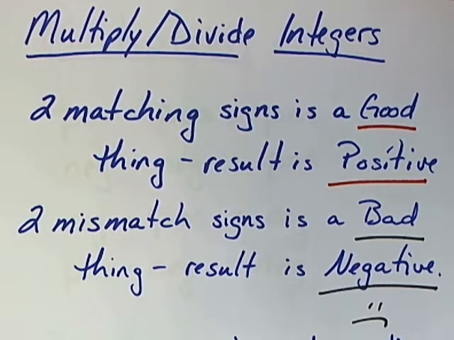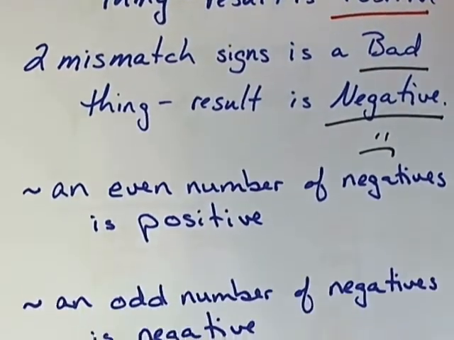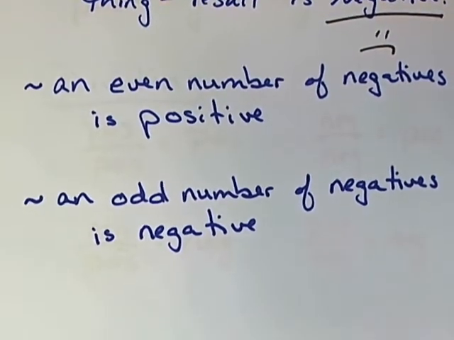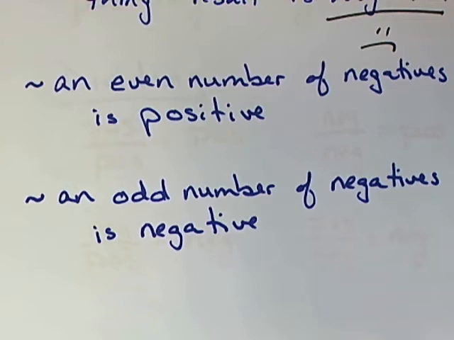So for every two negative numbers, your result ends up being positive, which means that if you have a bunch of numbers together, say you're multiplying 3 or 4 or 5 or 6 numbers, you can just count the number of negatives you have. If you have an even number of negatives, that would mean that we would have an even number of pairs of negatives. And we said before that a pair of the same sign is positive.